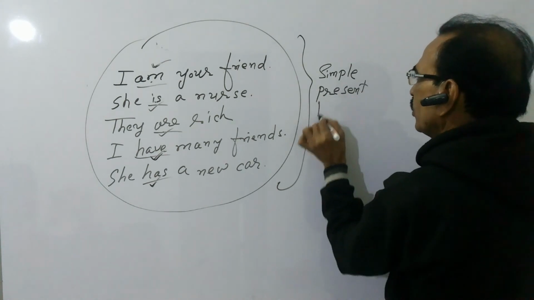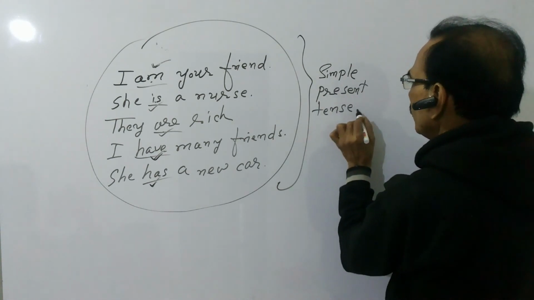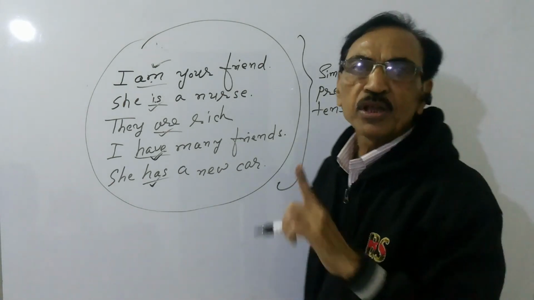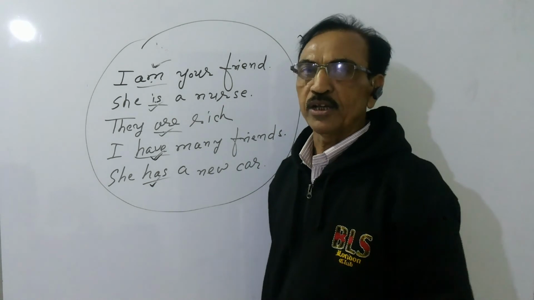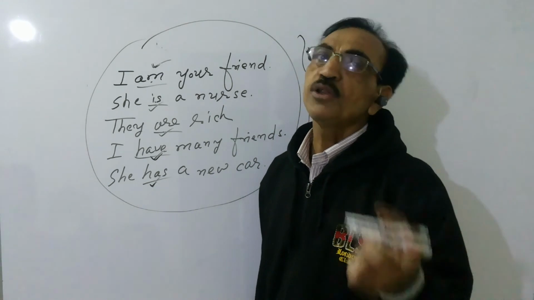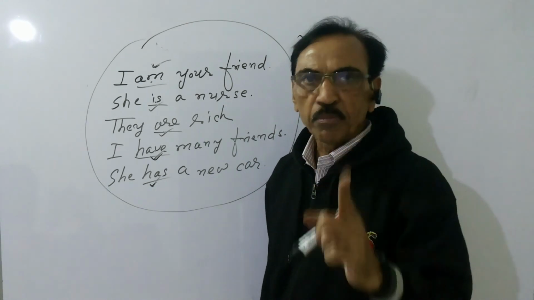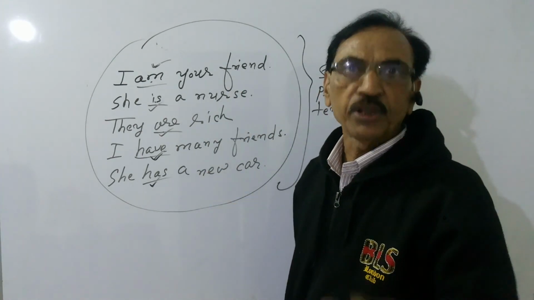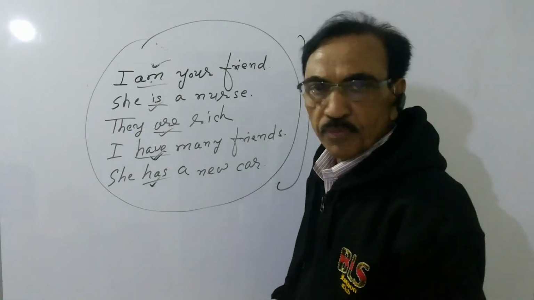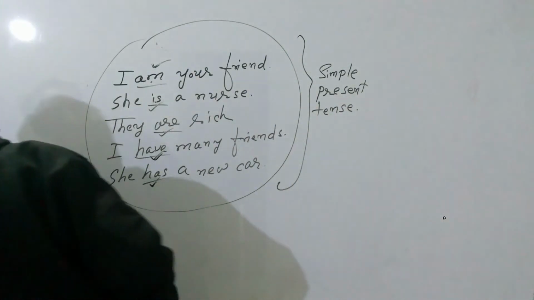Now friend, you can note down one rule. If am, is, are or have, has, they are used as the main verb in any sentence, the sentence is said to be in simple present tense. Remember, because this will be very useful in our next exercise, next chapter, next lesson. Now we shall proceed.